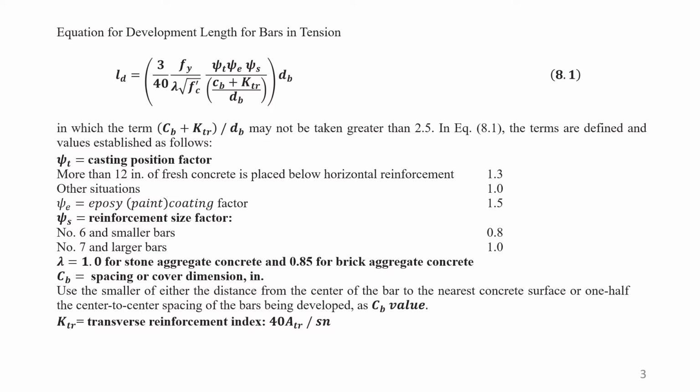Now these are the factors. All will be coming up in one equation, and we will gradually put in numerical values of all these factors. Then we will come out with the development length LD in inches.